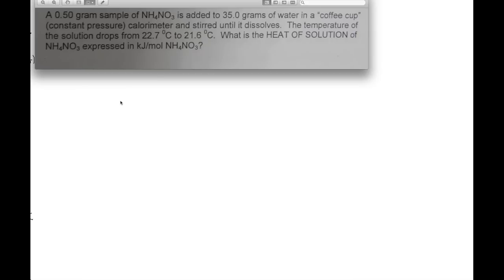Okay. So we have half a gram of NH4NO3. Let's start by writing down a symbol for what the question's going to ask us.